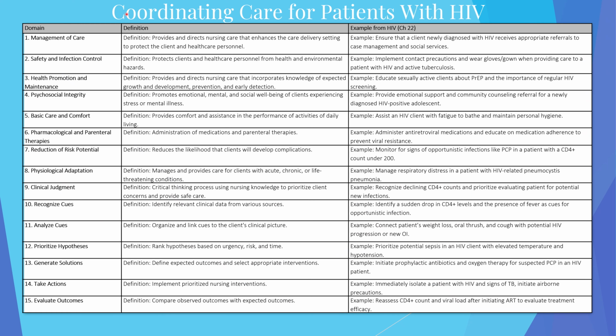So we still are in coordinating care with the patients. Just a reminder where we are, this is the candidate performance report, and these are the definitions, just copied and pasted from over there.